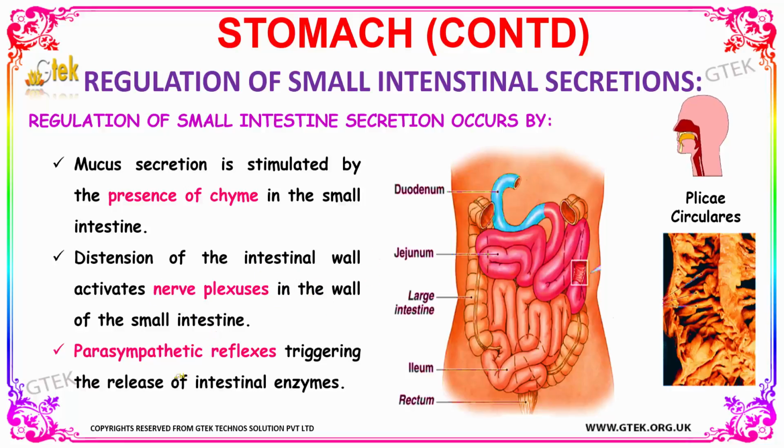The parasympathetic reflexes trigger the release of the intestinal enzymes. So this stimulates the small intestine to produce the secretions of the enzymes which help in the digestion, converting your proteins into simpler compounds which can be easily absorbed by your body.